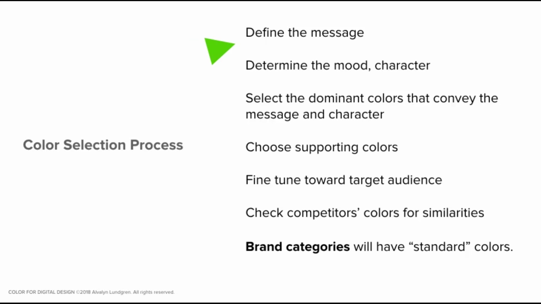So if you look at In-N-Out Burger, Five Guys, McDonald's, Jack in the Box, Burger King, they all have these standard red and yellow colors. These colors identify this category as fast food, burgers, and fries, as opposed to something like Chipotle or Baja Fresh.